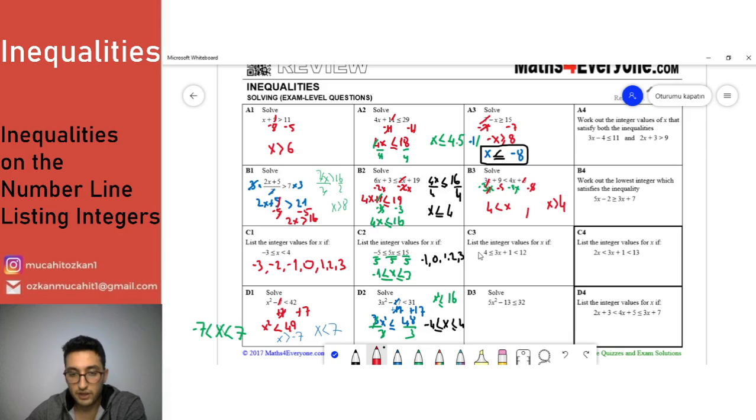And C3, list the integer values for x. I need to have a single x in the middle. That's why let's subtract 1 from all sides. 4 minus 1 is 3. 3x, because 1 and negative 1, nothing. And 12 minus 1 is 11. Then I'm going to divide both sides by 3.